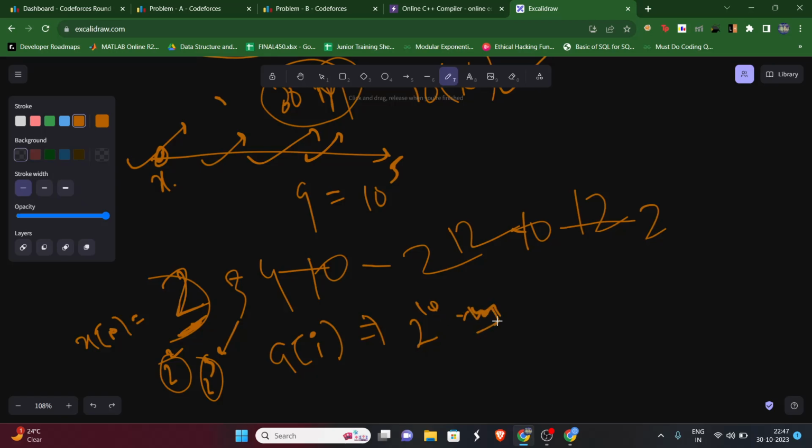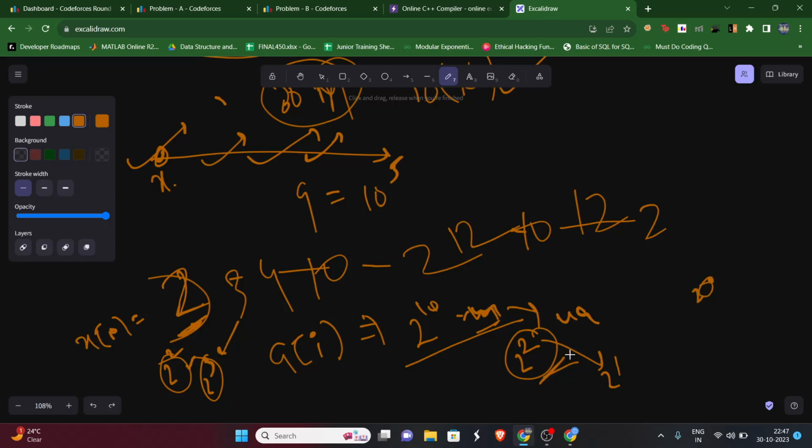Okay, so we know that if a of I is 2 to the power 10 into some odd number, what can we say if we divide it by 2 to the power 2? Then whatever the updated value we'll have can only be divided by 2 to the power 1, because anyway we are ignoring 2 to the power 0, right?